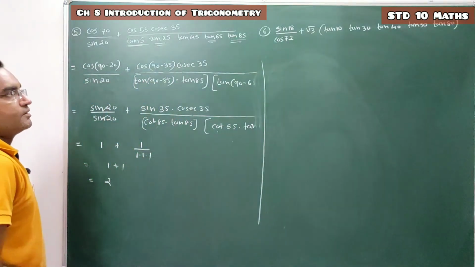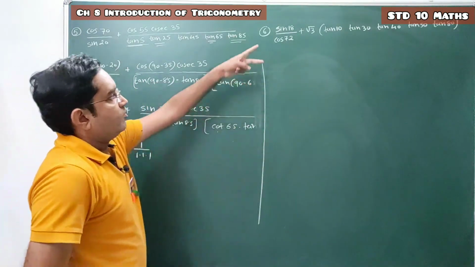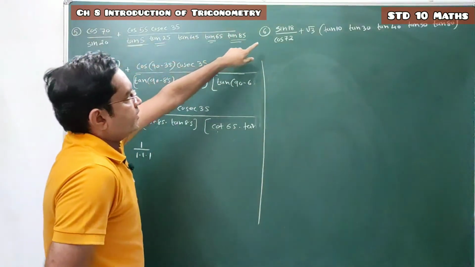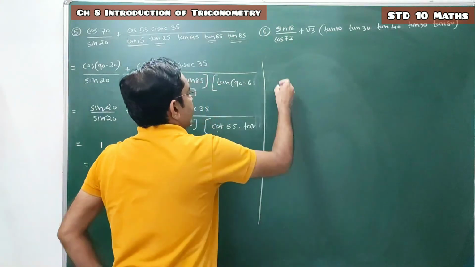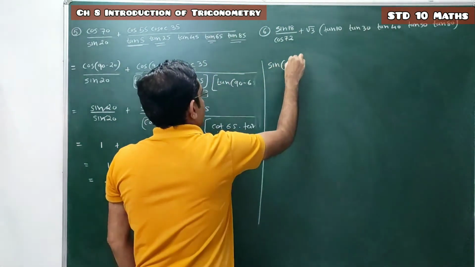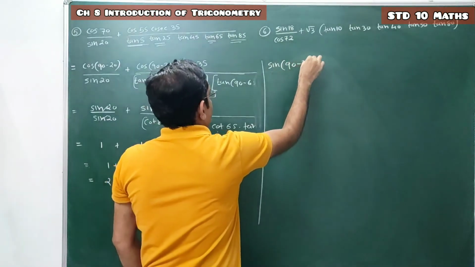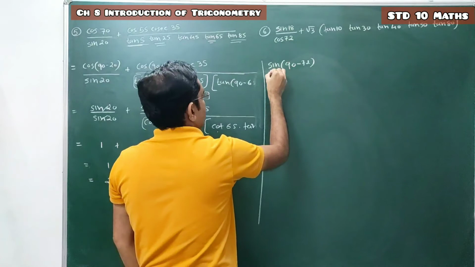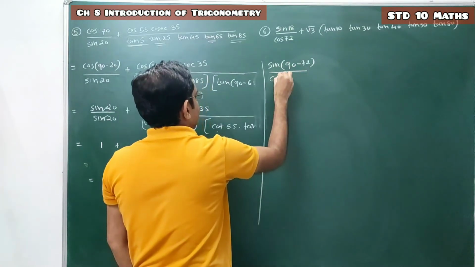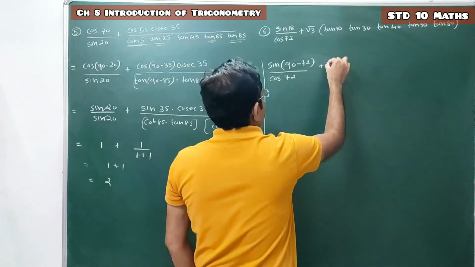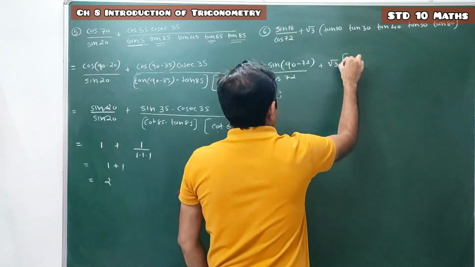Now question number 6. Again this sin and cos, the same logic will be there. Here we will convert this sin into cos. So first we will write this sin 18 as subtracting 72 from 90. So 90 minus 72 is 18, sin 18 divided by cos 72 plus root 3.